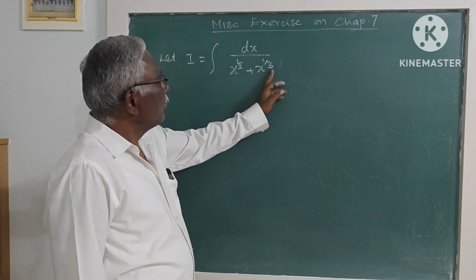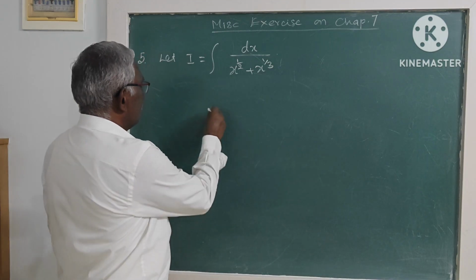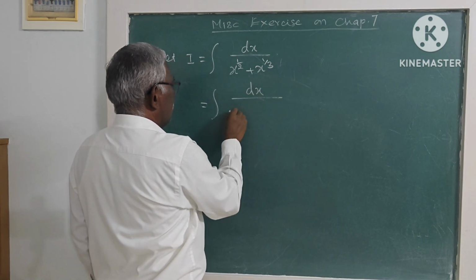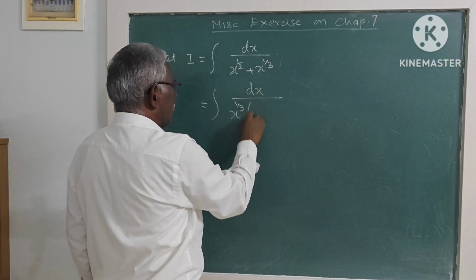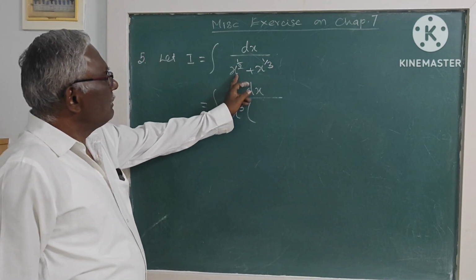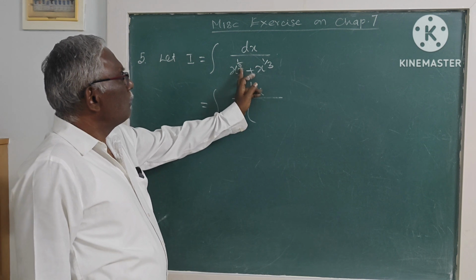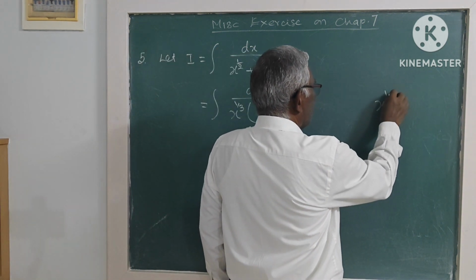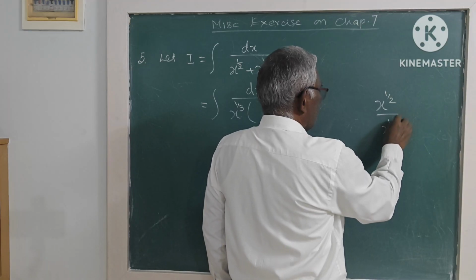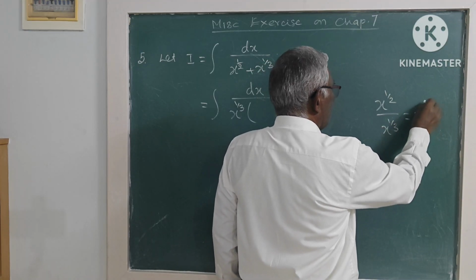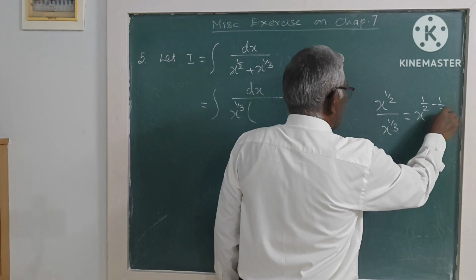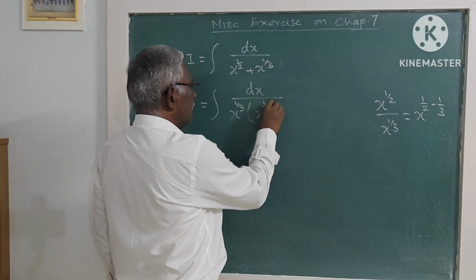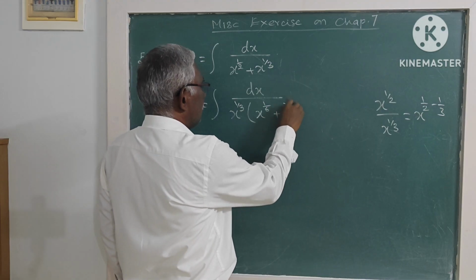We will take x power 1 by 3 outside. So in this, that means we have to divide x power 1 by 2 by x power 1 by 3. So this will become x power 1 by 6 plus 1.